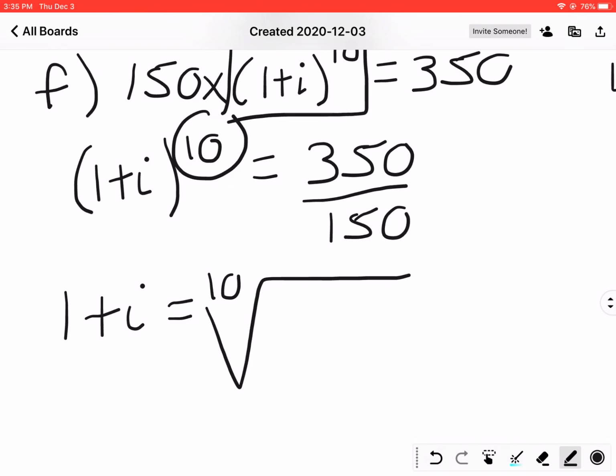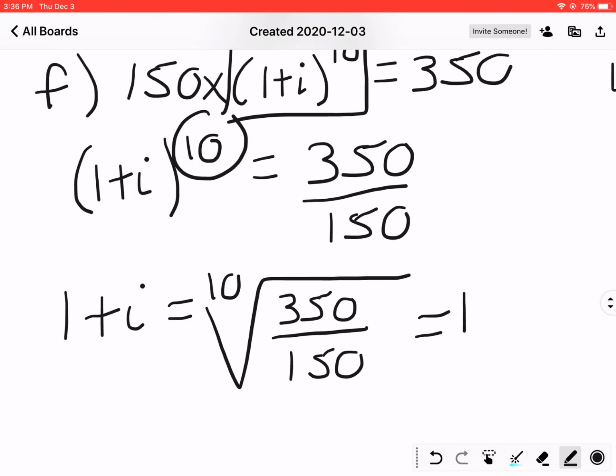And this is why I said don't even need to write it out or calculate it out. Just type it in just like this. When you're using your calculator, you're going to press 10 and then second function the y to the x button. That's how you access the root button. And then inside, you're going to press the a over b button and put in your 350 over 150.